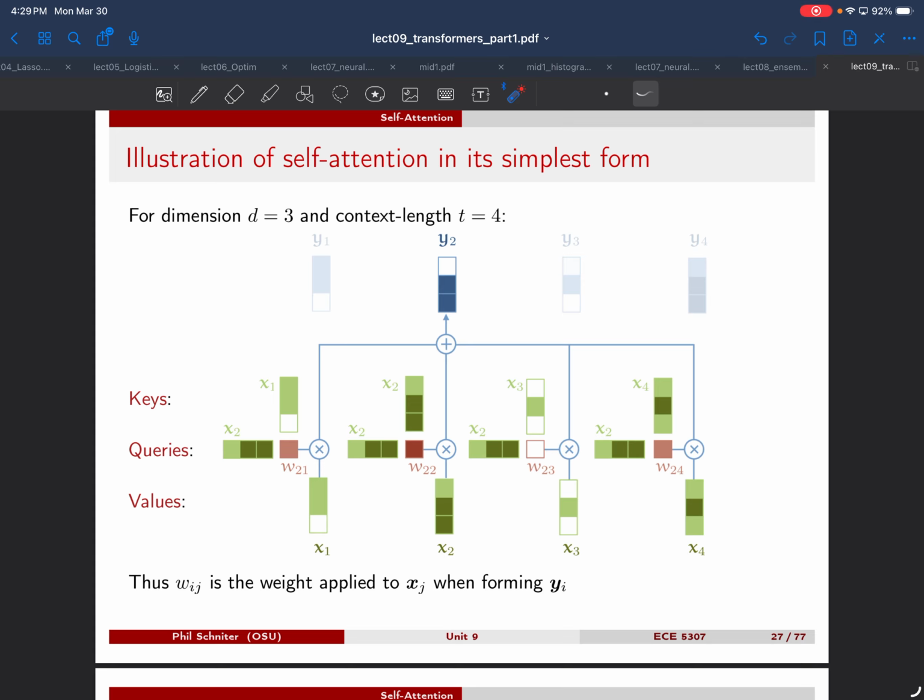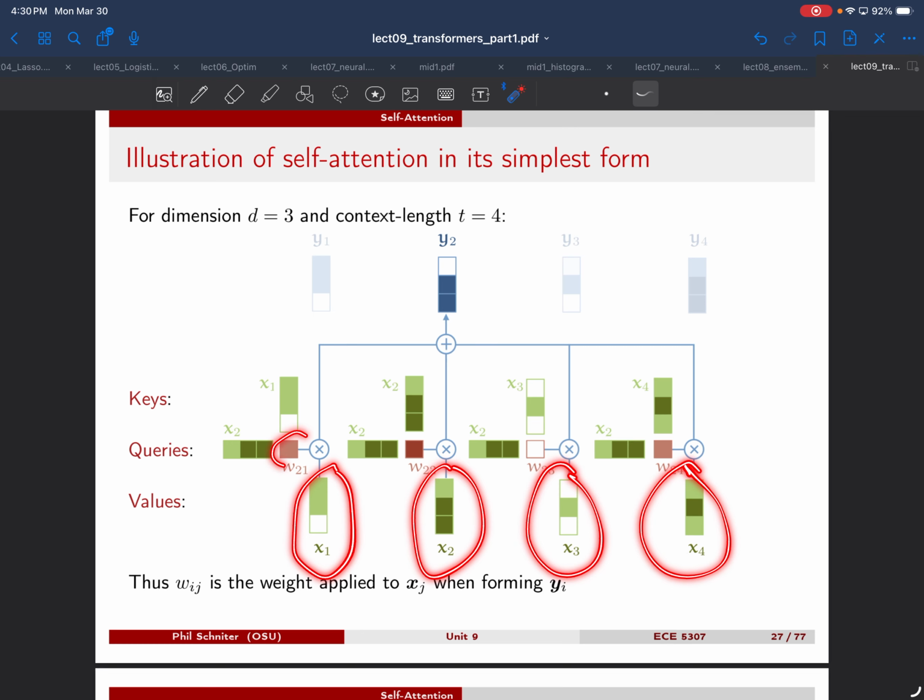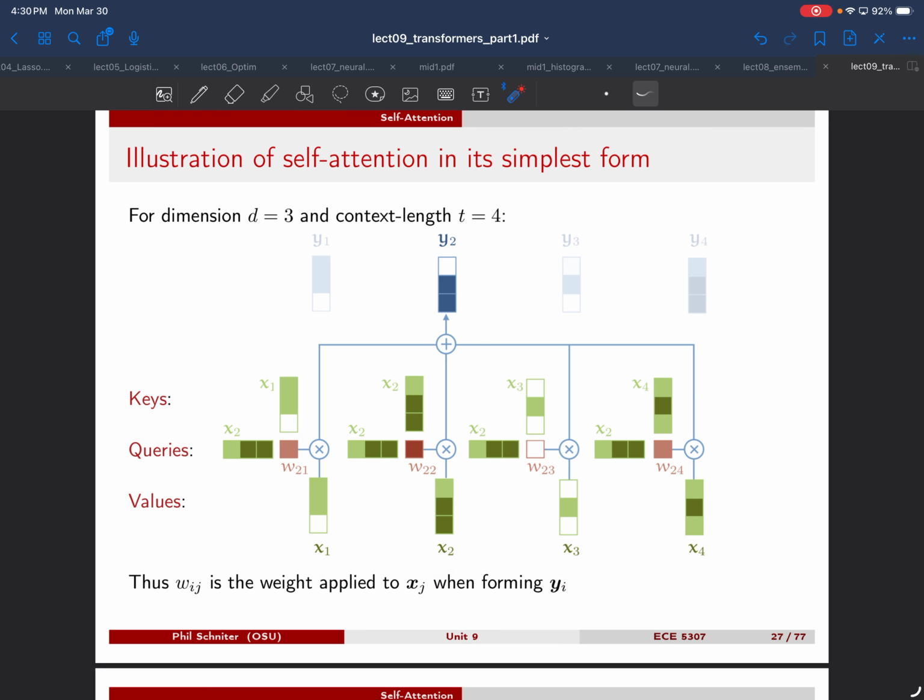Okay. So when looking at this, you realize that the different x's are used in basically three completely different ways in attention. One way is in some kind of weighted linear combination. The version of x that's used for that purpose you think of as the values.